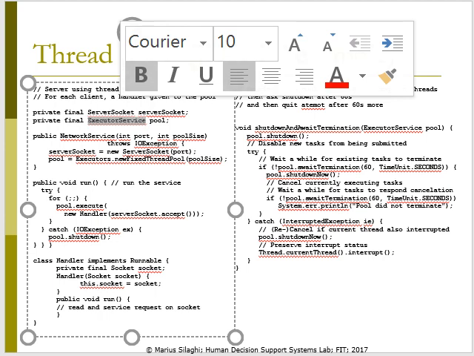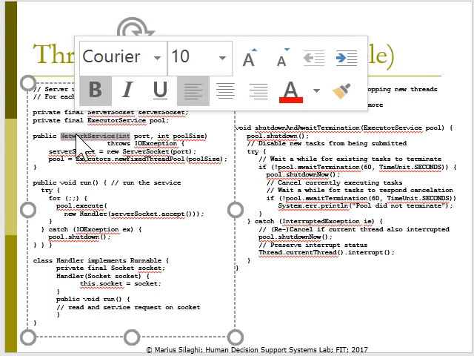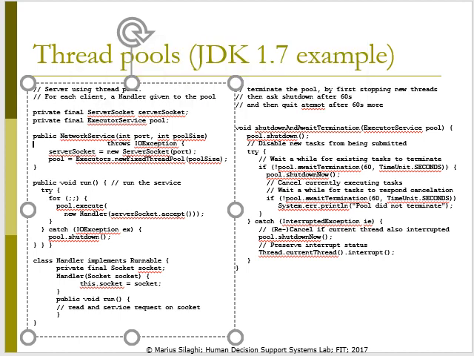So in such a server, one would initialize the server socket and the pool with a predefined pool size, a number of threads we want to have in our thread pool.